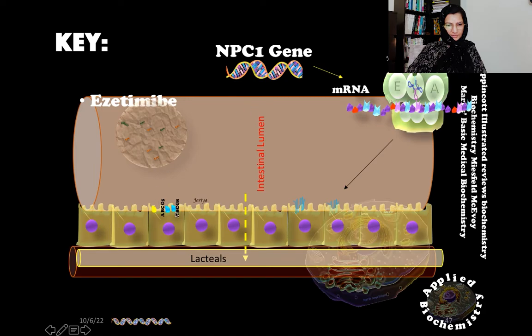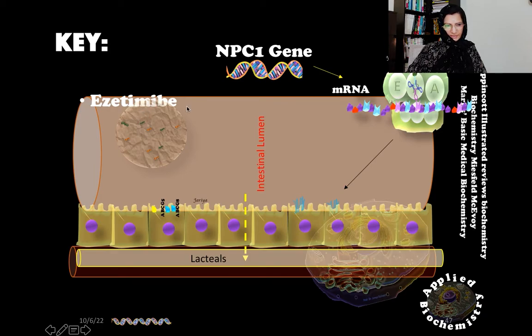Ezetimibe blocks the entry of the cholesterol into the enterocytes by acting on these proteins, from the NPC1 gene, the Niemann-Pick protein 1 gene, which synthesizes these blue colored proteins, and these help in the diffusion of cholesterol from the micelles into the enterocytes.